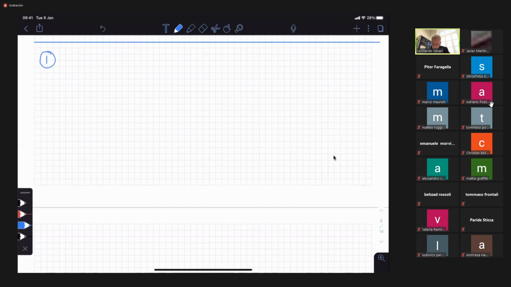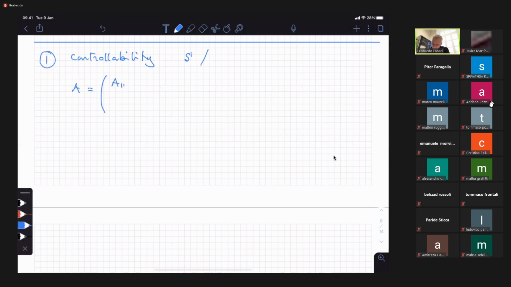If we take controllability, and you can make exactly the same reasoning for observability, we have a system S which has a dynamic matrix in this form, where, of course, this partitioning is consistent.